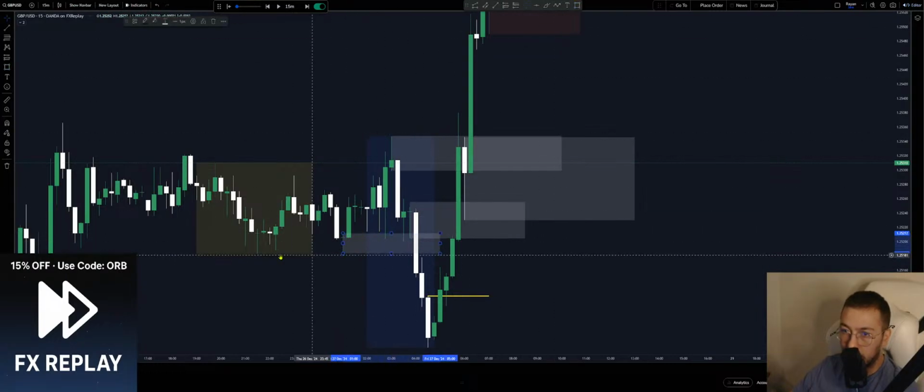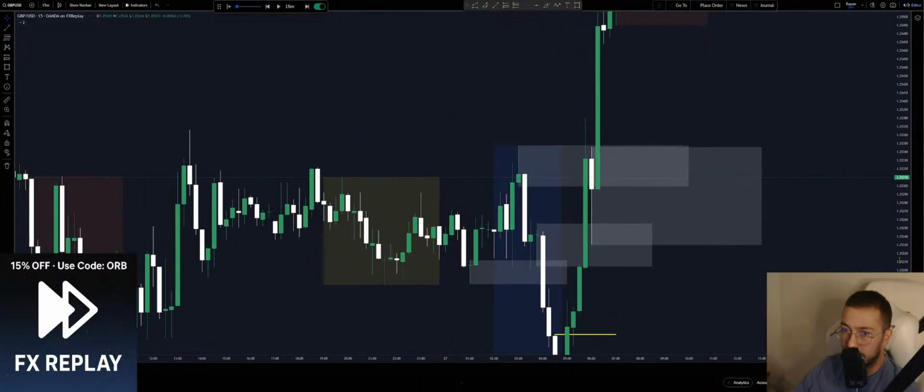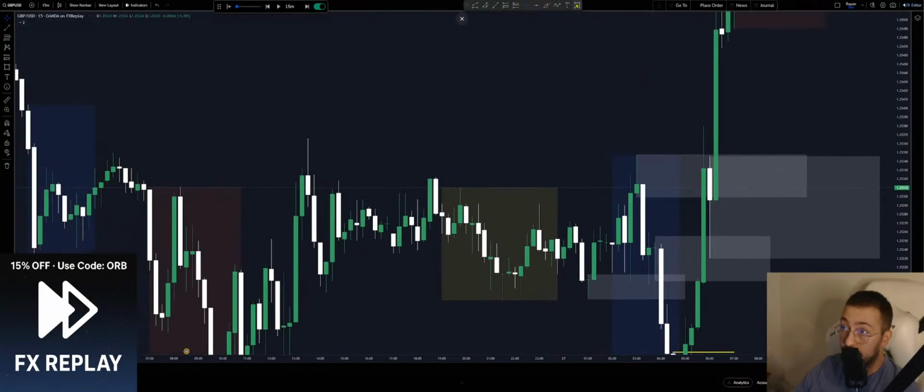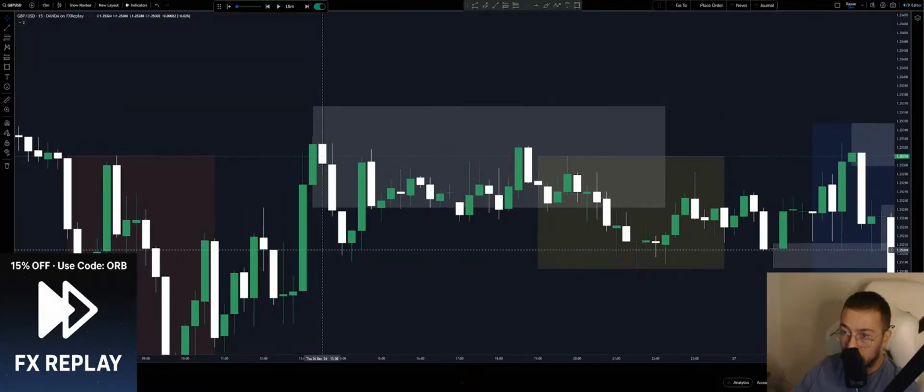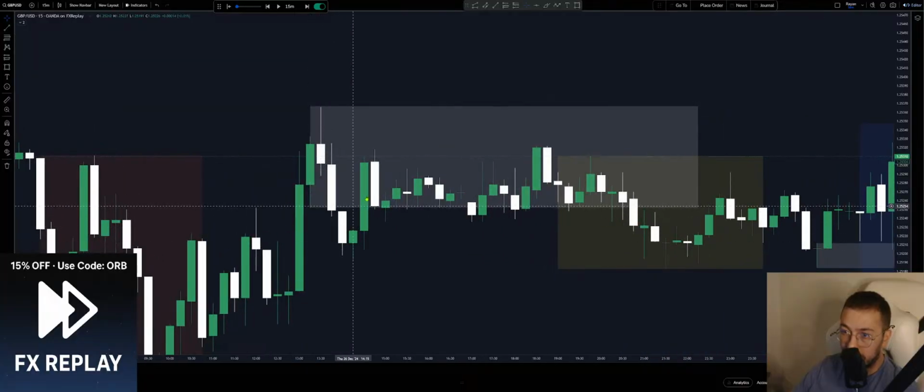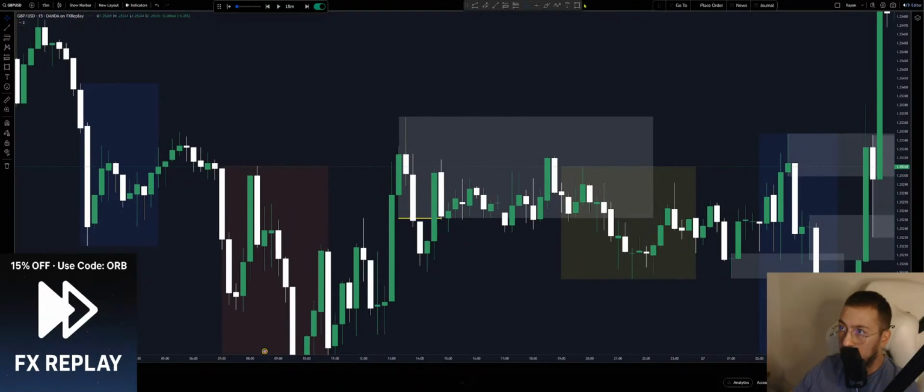I'm just going to keep on marking them so that you understand how we draw them. That is a valid supply zone. You mark the entire thing. Why? Because the price intersected with the fair value gap, this wick. This is also a valid demand.